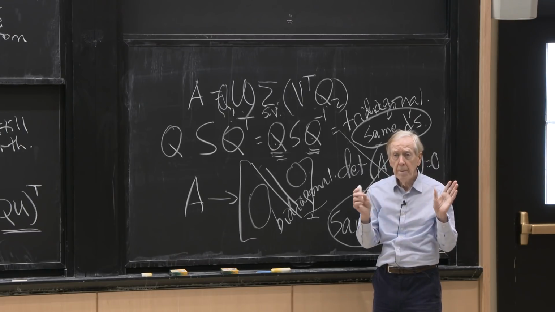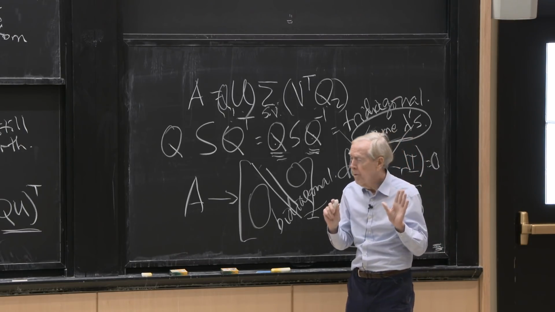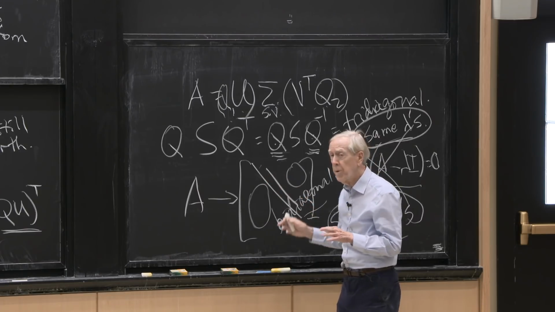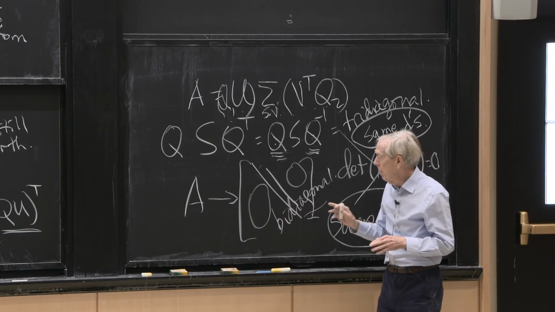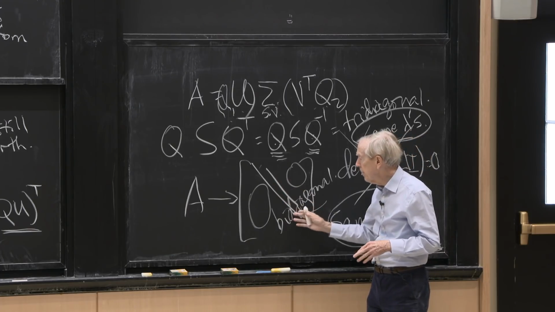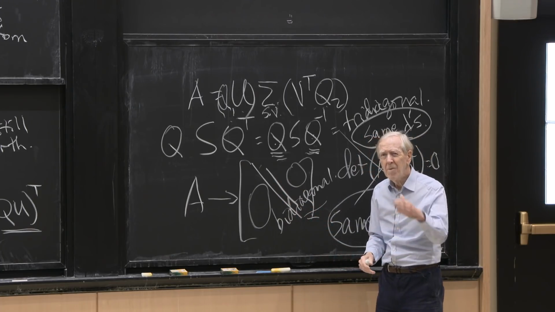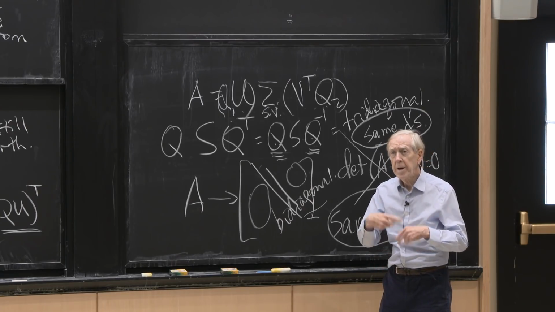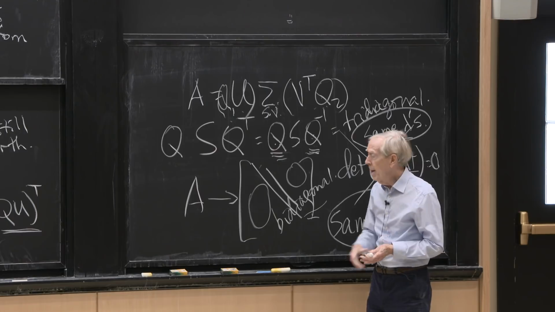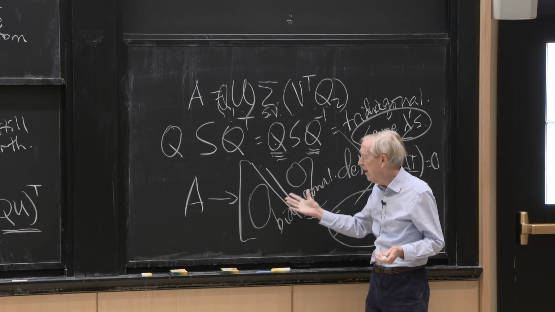Could you multiply matrices knowing where the non-zeros are, in your head, and get an idea of where? So if I have a bidiagonal matrix A, then implicitly in the SVD, I'm looking at A transpose A. And what would be true about A transpose A?